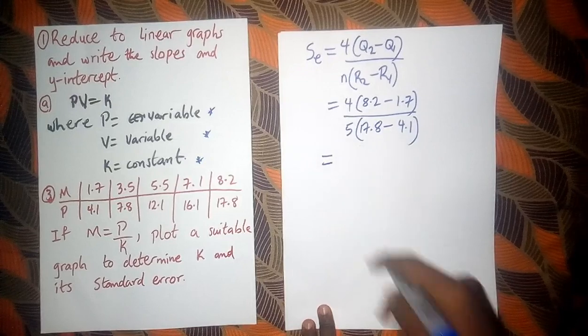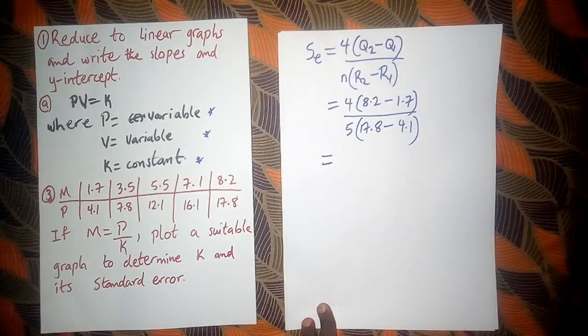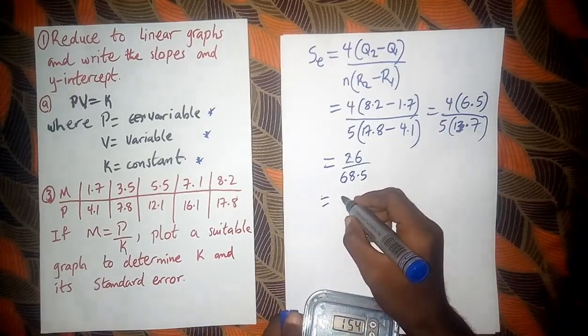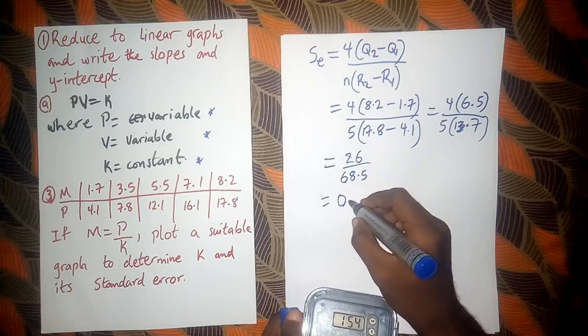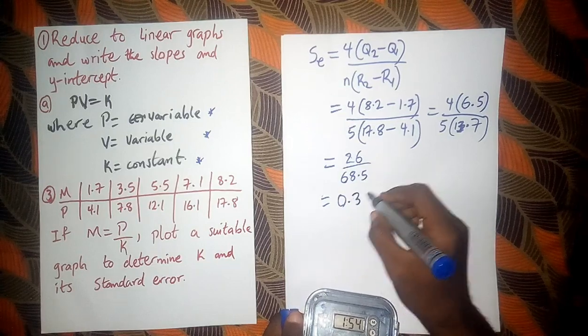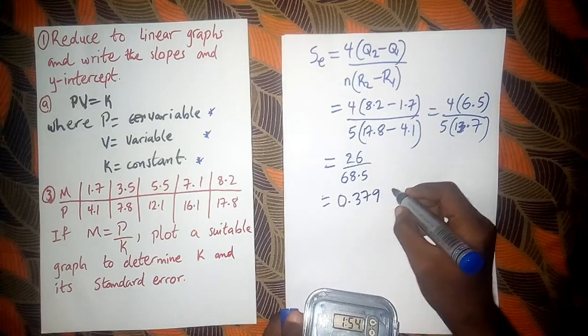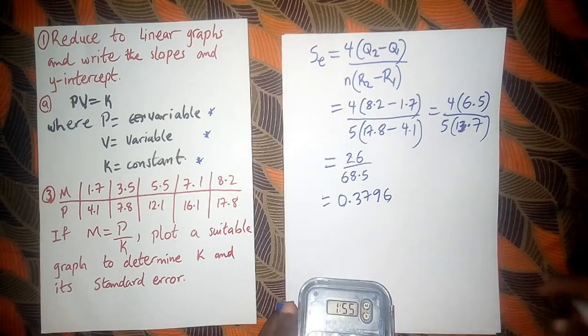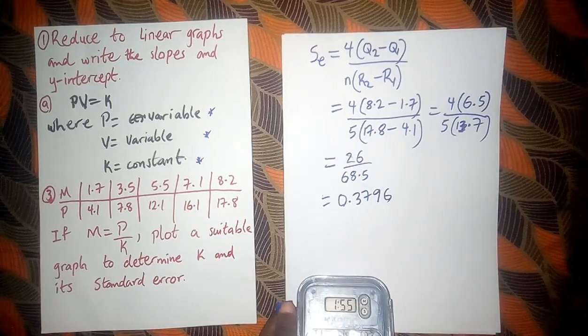By the time you solve all this, our standard error is 0.3796. So that's that.